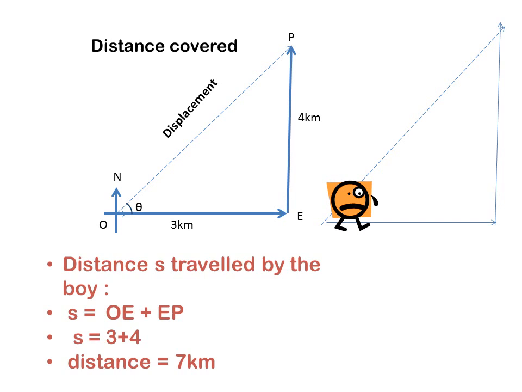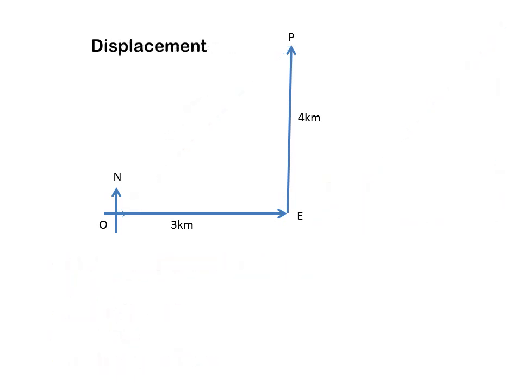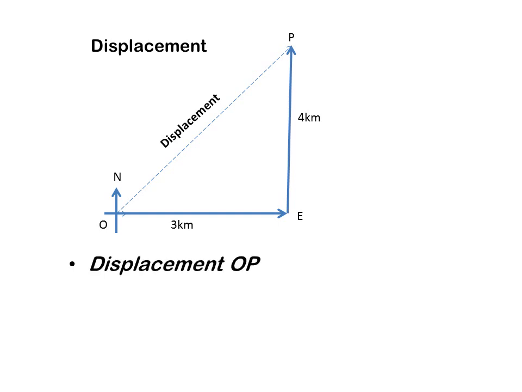But is this the same as the displacement of the boy? Let's find out. The boy has been displaced from point O to point P. Now I want to get the magnitude of the displacement. We are going to use Pythagoras theorem in finding the magnitude of the displacement, which is line OP.